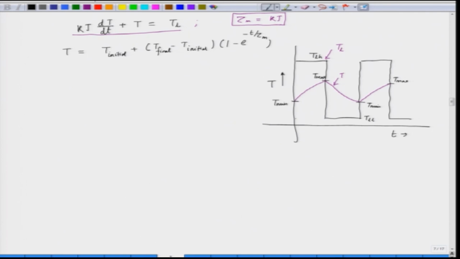Now, the time for which the torque is high, we call this to be TH, and the time for which the torque is low, we call this to be TL.